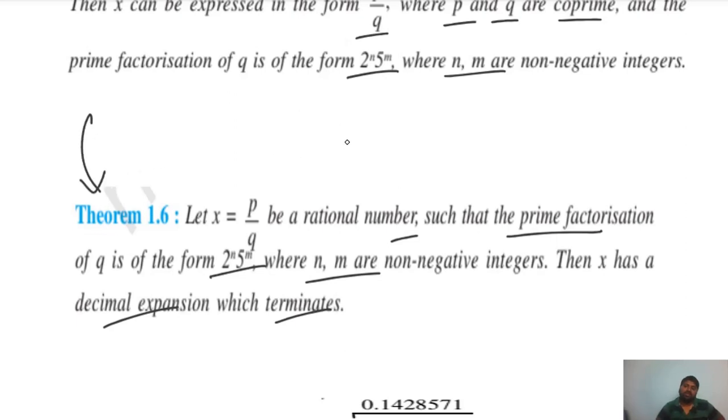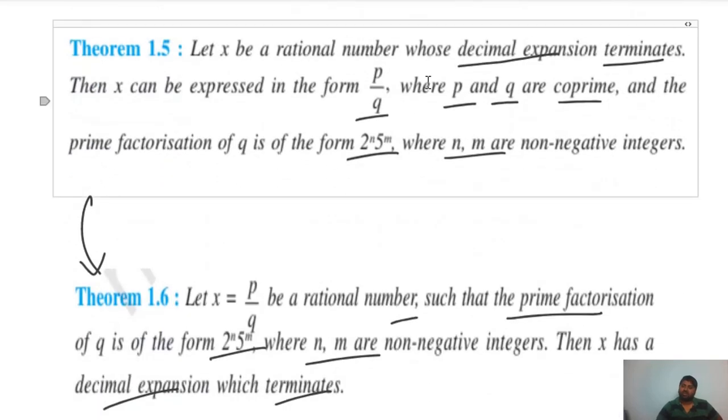Here we get a rational number whose decimal expansion is in p by q form, where p and q are coprime, then the prime factorization of q is in the form 2 to the power n and 5 to the power m, where m and n are non-negative integers.